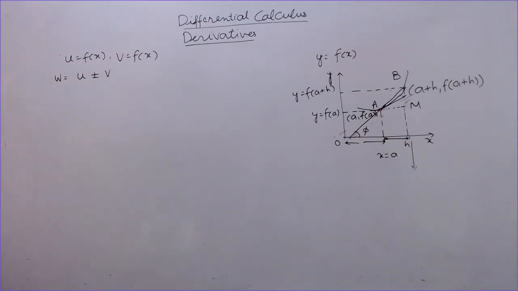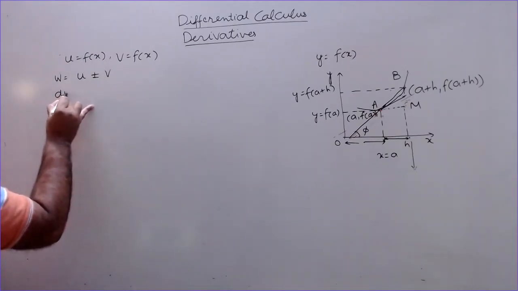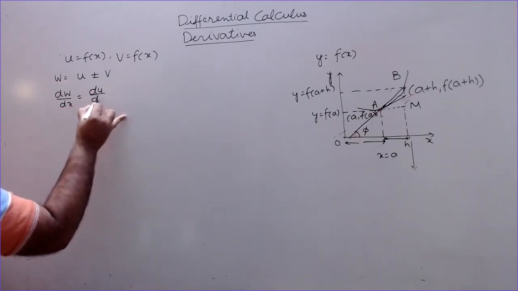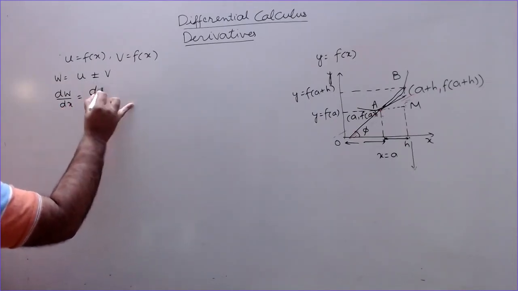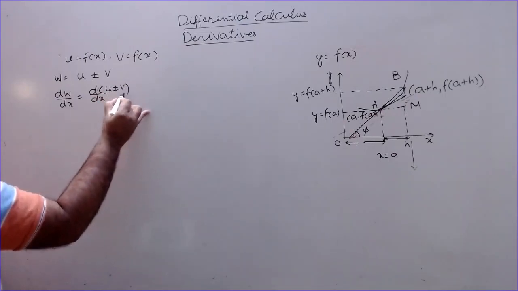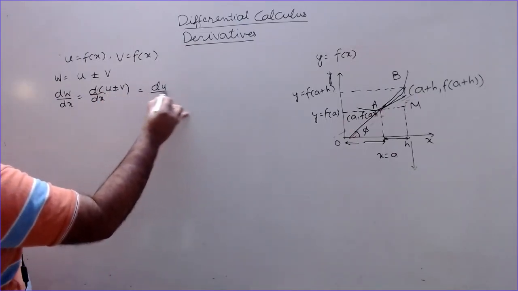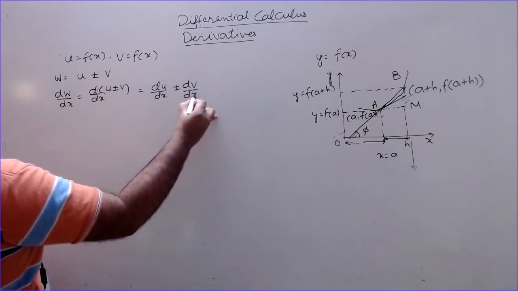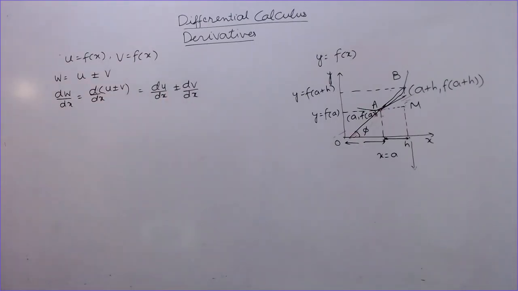So we have to differentiate this with respect to x. This is d(u plus minus v) by dx, so du by dx plus minus dv by dx. In this way you can write the differential of this function.